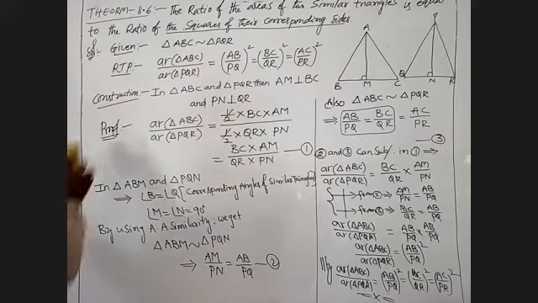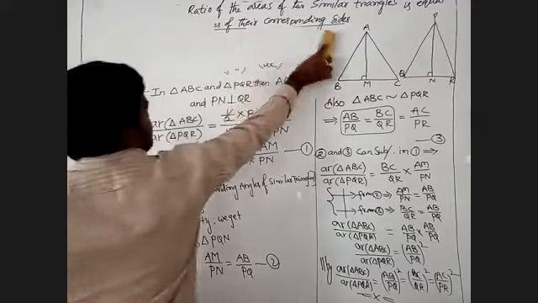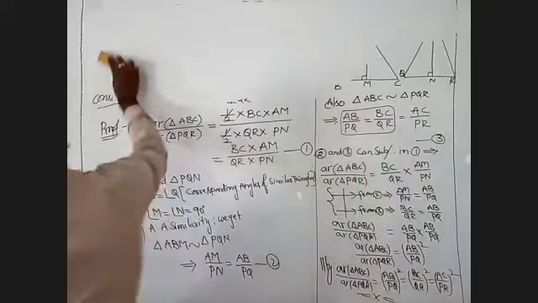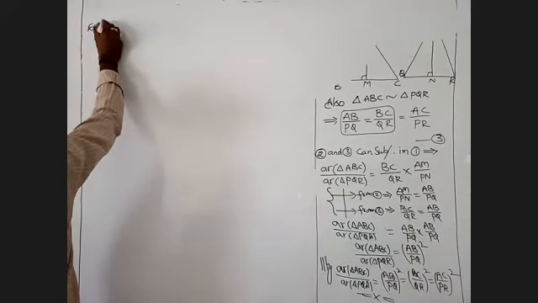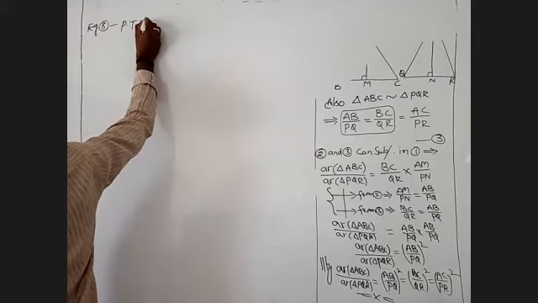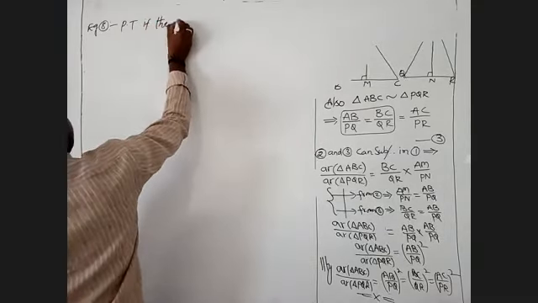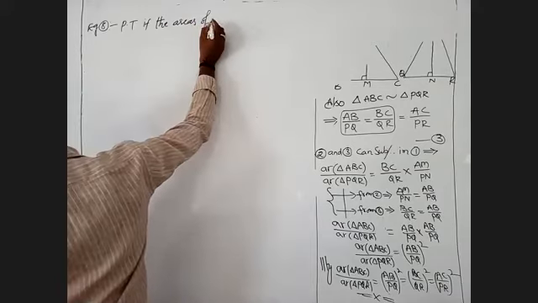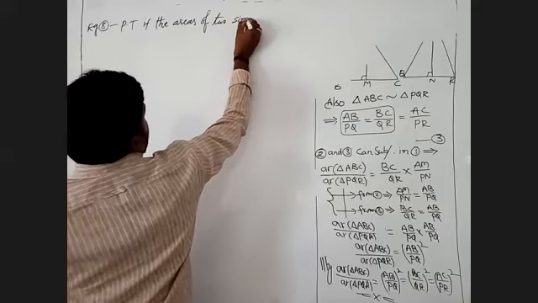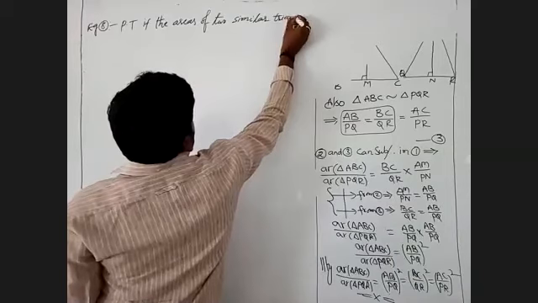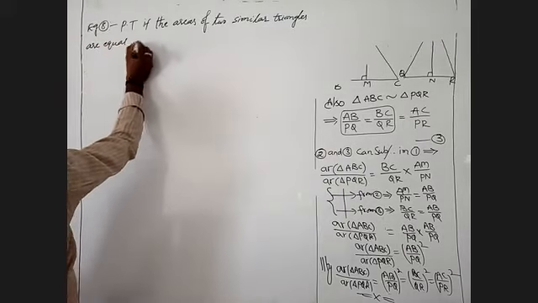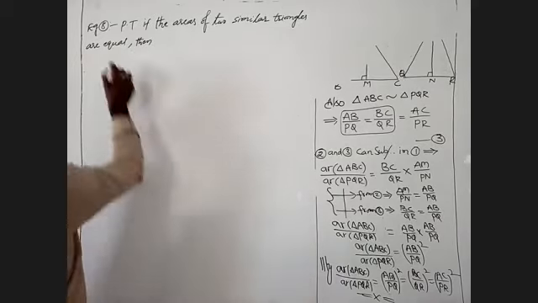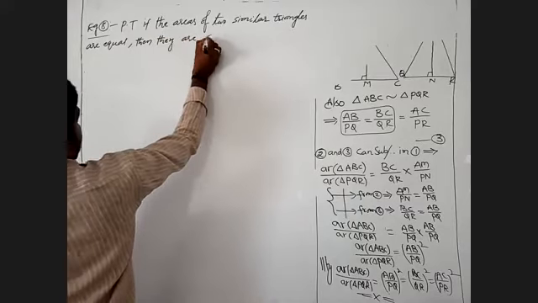I am going with example 8. Prove that if the areas of two similar triangles are equal, then they are congruent.